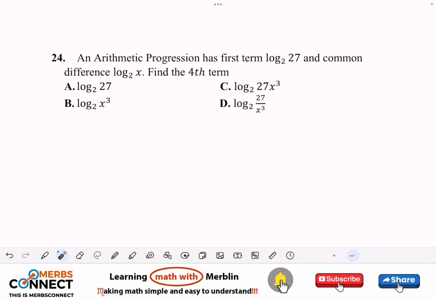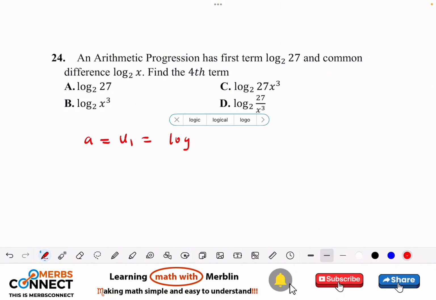Let's look at 24. So arithmetic progression has the first term. Remember the question is saying the first term. What is the first term? The first term is A, which is the same as U1. So the first term is log 27 base 2. And then the common difference, that is the D, can be like U2 minus U1, which is given to us as this here.